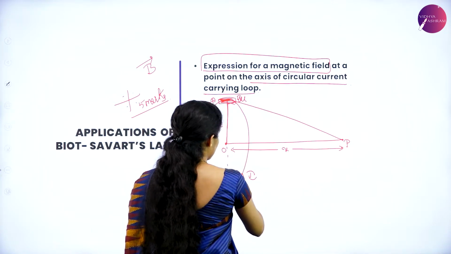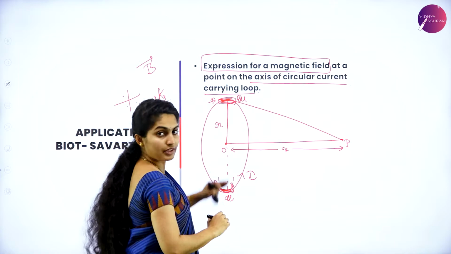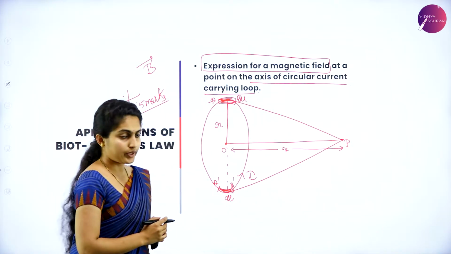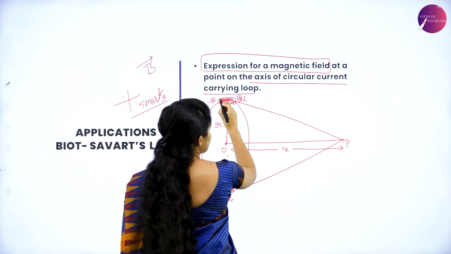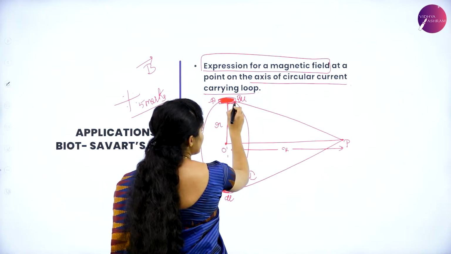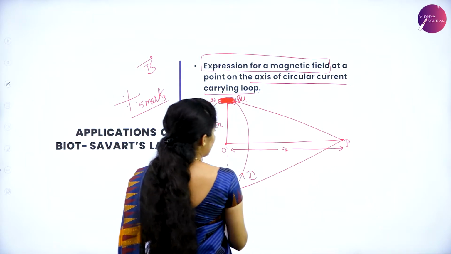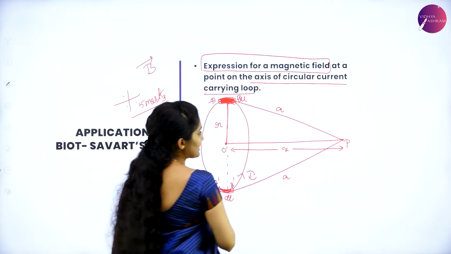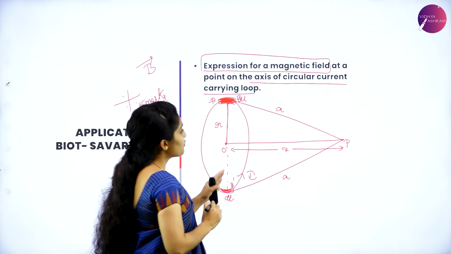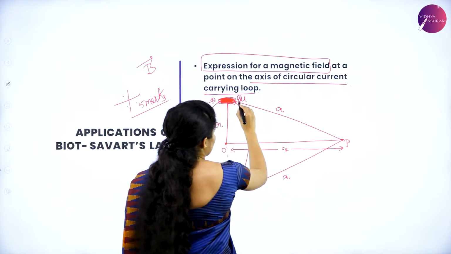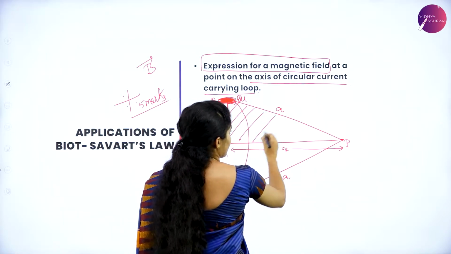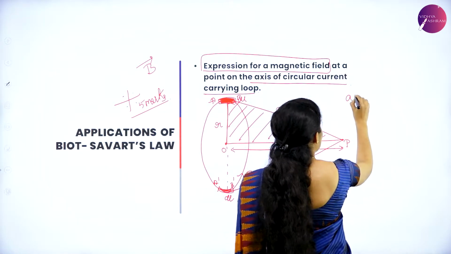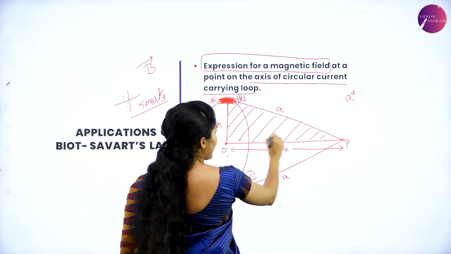So here let me just draw the dotted lines. It is the same as that of the above diagram. So you have another concept. The distance from this line element which you are considering to the point P is known as A. Call this also as A. So now according to this triangle, we have hypotenuse square, because this makes a right angle.